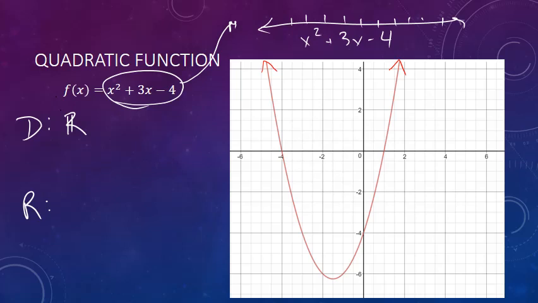All right, now let's talk range. Range means what's going to come out of that function. There's got to be something that it can't be as far as the output. So what we're going to do is look down here on the graph, and I want you to think about taking a block and moving it.